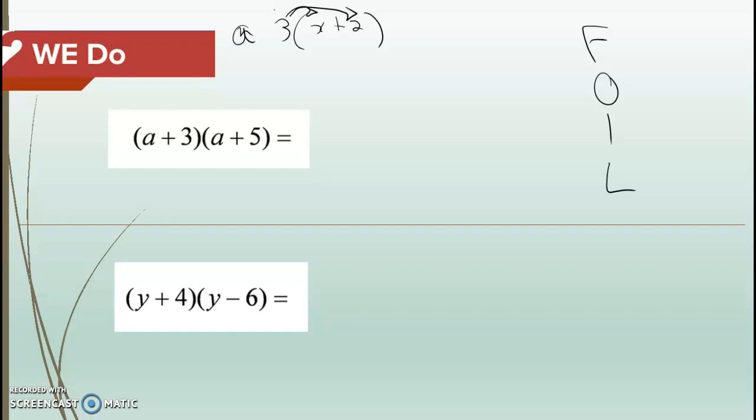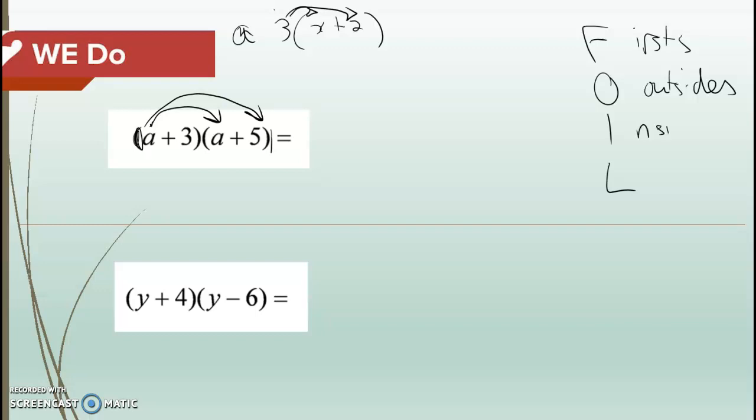So F stands for first, so you multiply the first in the first bracket and the first in the second bracket. O, outsides, so you're doing this outside and that outside, which means multiplying that by that.